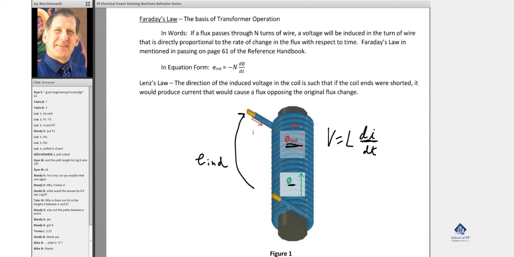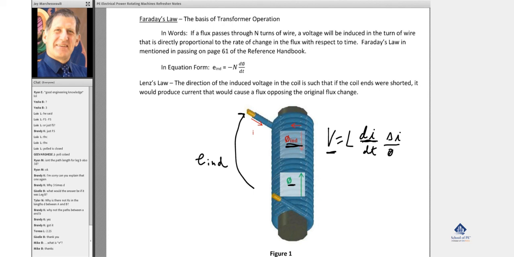In other words, if you have a delta I in 0 time, so if delta T is 0, then that voltage becomes infinite. So they don't like changing current. They want that flux to remain constant. That's why the induced flux is opposing the changing flux.